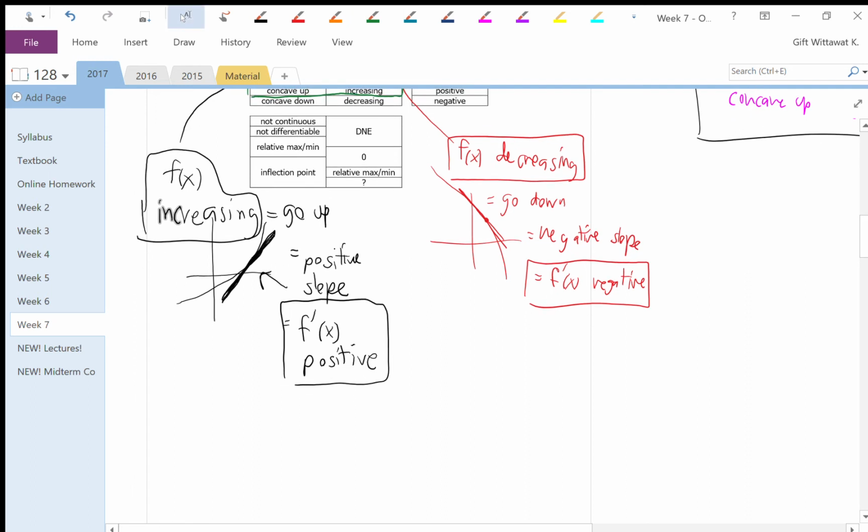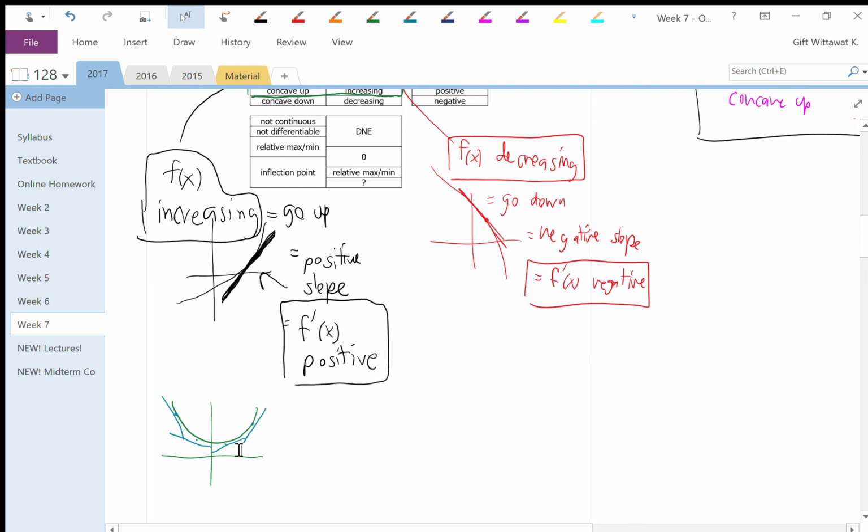What does it mean for a function to be concave up? When a function is concave up, it looks like a U shape. And when it looks like a U shape, if you were to draw the tangent line, if you were to draw the derivative on this graph, you can see that the derivative of this graph starts off being a negative slope. But as my x increases, the slope becomes less negative.